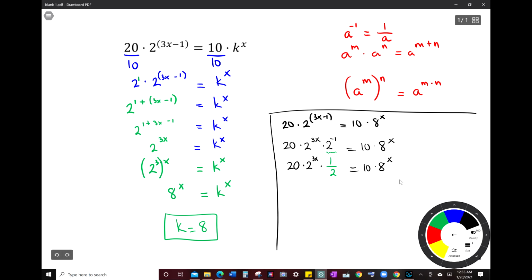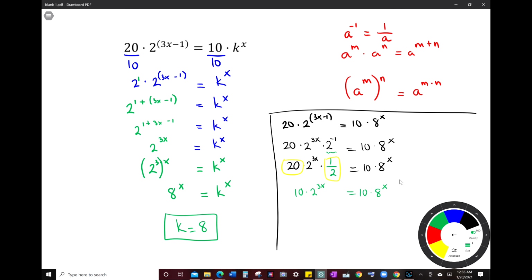And now I can combine 20 and 1/2. So multiply them together, it gives me 10. So now I have 10 times 2 raised to 3 times x equals 10 times 8 raised to the x power.